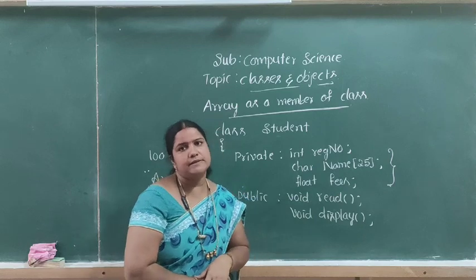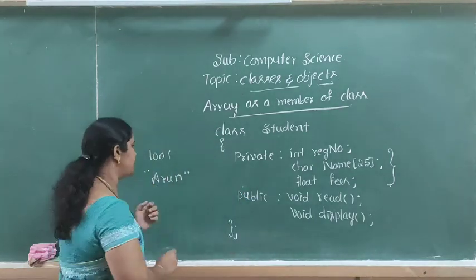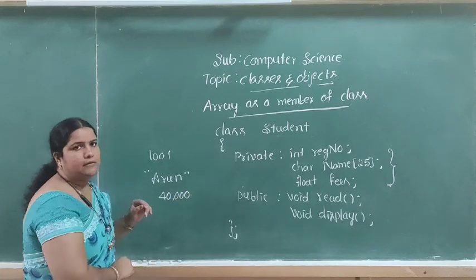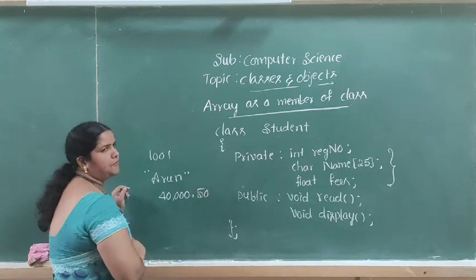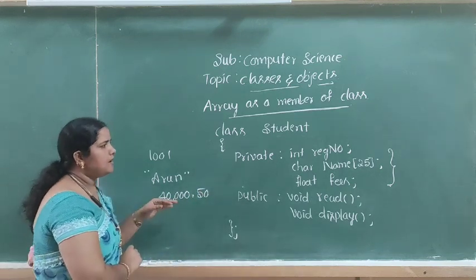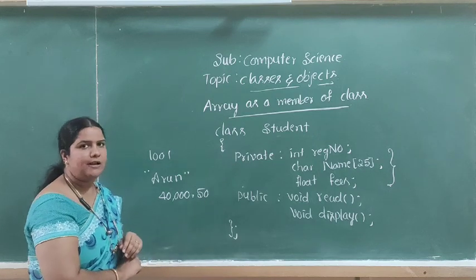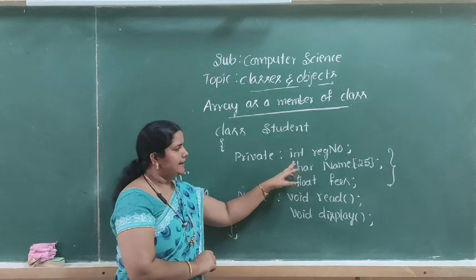And fees contains integer values as well as fractional values. For example, 40,000.50. Since it contains integer values as well as fractional values, we take the data type float.